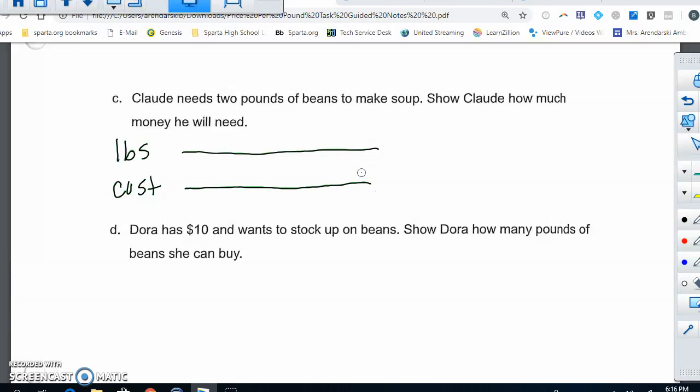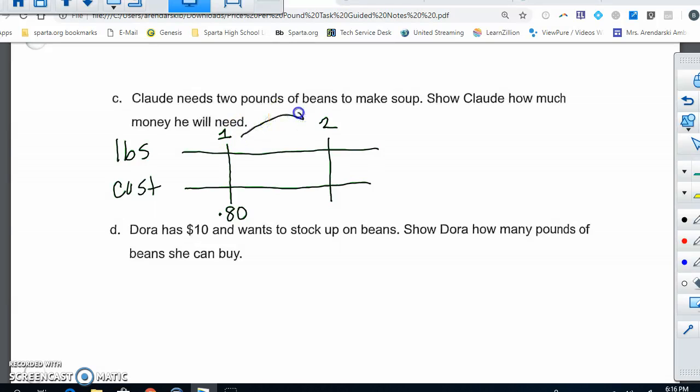Now in this particular situation, we're talking about pounds of beans, and since we already found how much it costs for 1 pound up top in part A, we're going to use that information. So we already found that 1 pound cost 80 cents. Now we want to find out how much it would cost for 2 pounds.